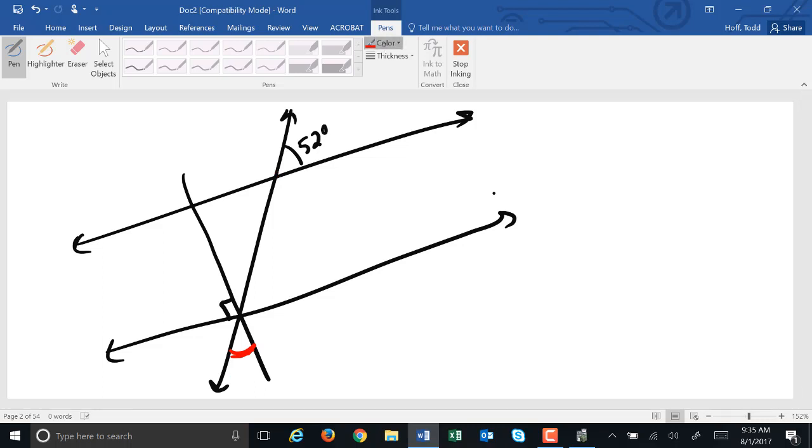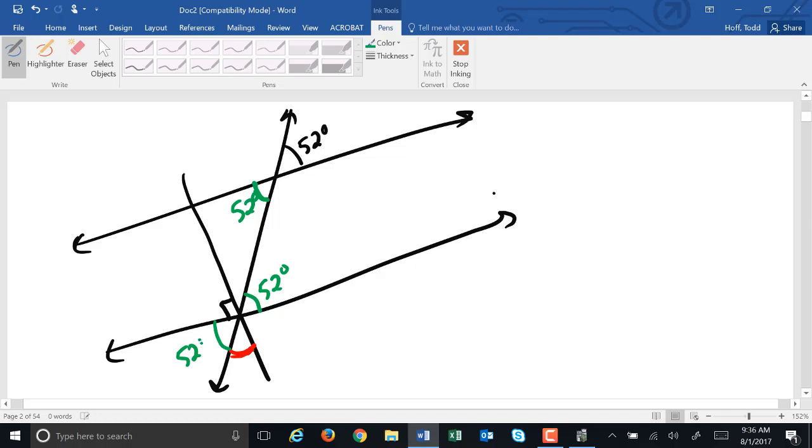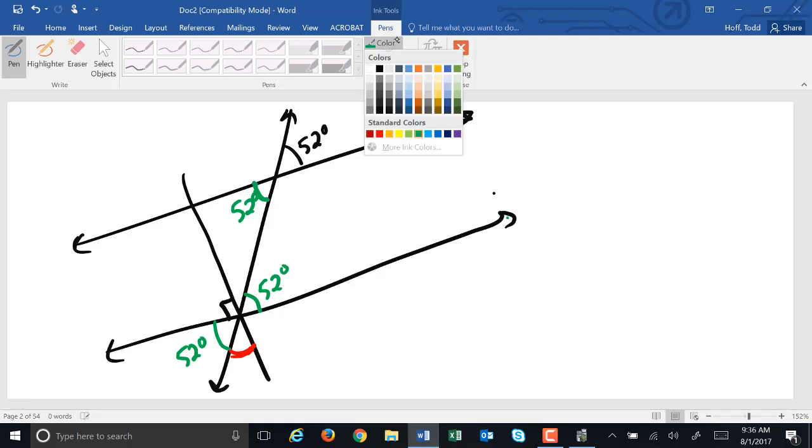Well, okay. Nobody's going to be brave, so let's see what we can figure out. What's this angle here have to be? 52. Are there any other angles that have to be 52? This one? And then there's one other one, this one here, right? Those are all 52 degrees.